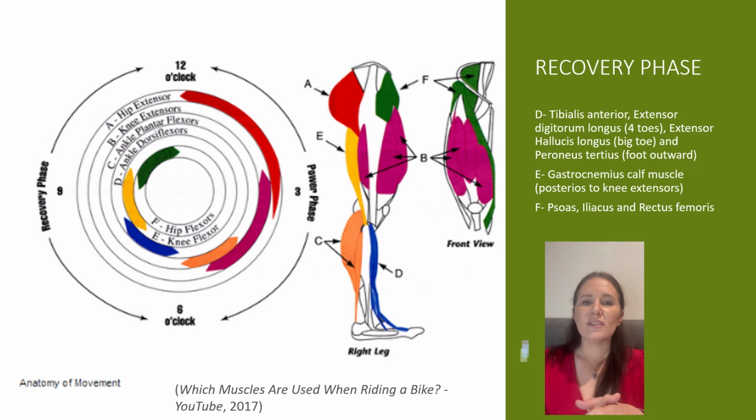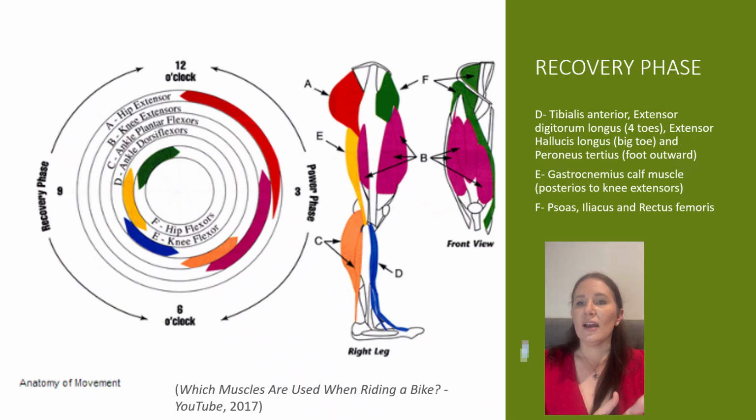When we're looking at the muscles which are helping to create that flexion in the recovery phase, or the decreasing of the angle between the bones, if we have a look at the diagram, D, which is the blue color, is the tibialis anterior, at the front of the calf. It also includes the extensor digitorum longus, which controls the four toes of the foot and helps bring them superior, pointing upwards.